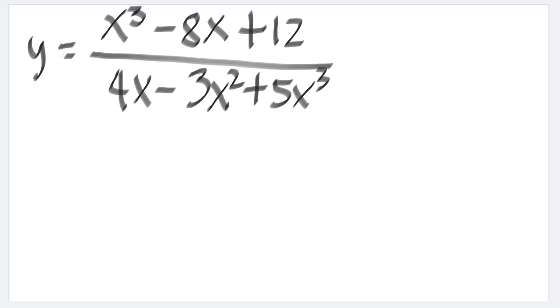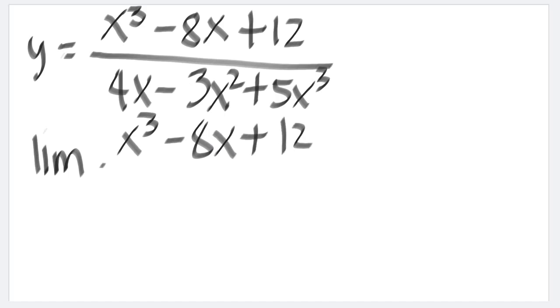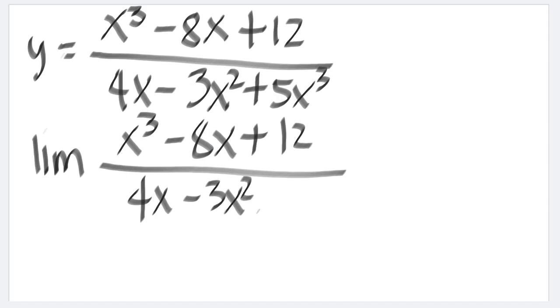So, you get the limit of this: the limit of x cubed minus 8x plus 12 all over 4x minus 3x squared plus 5x cubed as x approaches, this time, infinity.